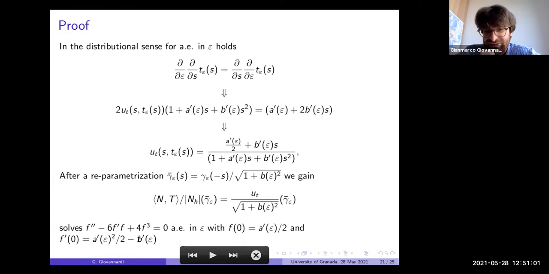But the important thing is that it solves the Codazzi equation, and so is smooth.